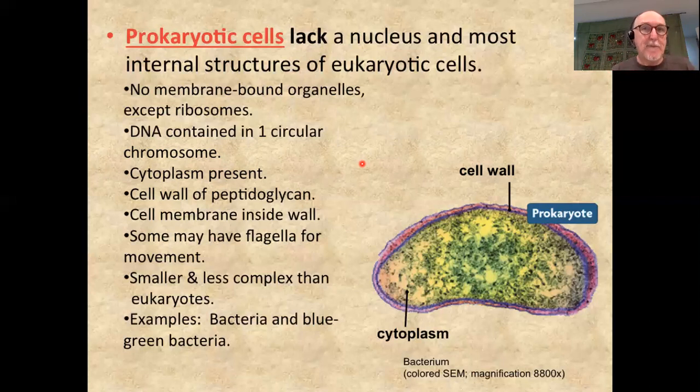All cells have a cytoplasm. So prokaryotes have a cytoplasm just as eukaryotes do. In addition, all cells have these little tiny bodies, they're not organelles, called the ribosomes. So all cells have ribosomes, prokaryotes do as well.